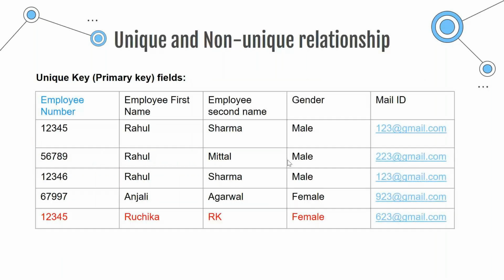Then we saw the unique and non-unique relationship. A unique relationship means assigning a primary key to a column. In this example, employee number is a key field. Key field is nothing but a unique field, so we can only have one unique number.